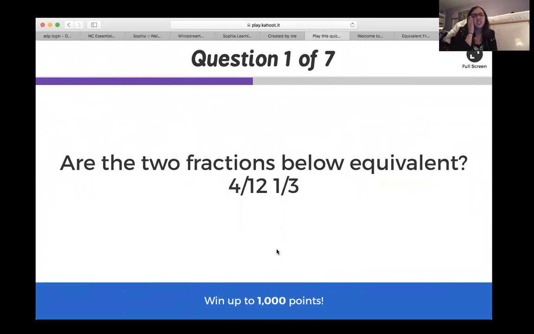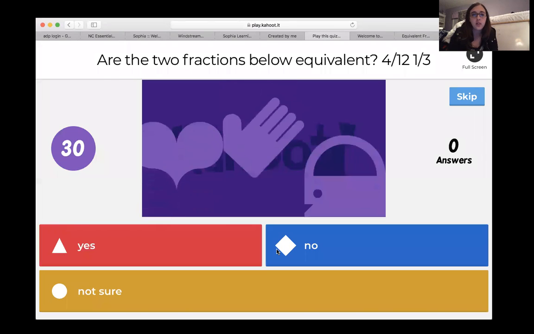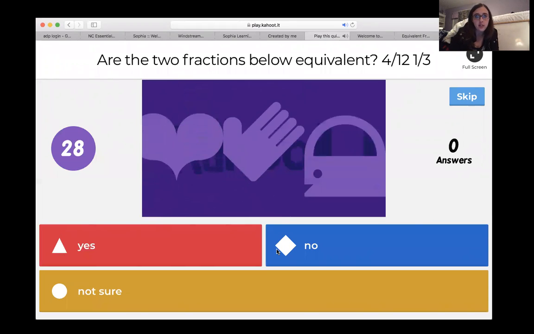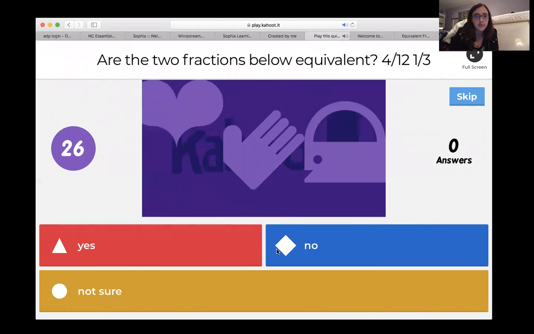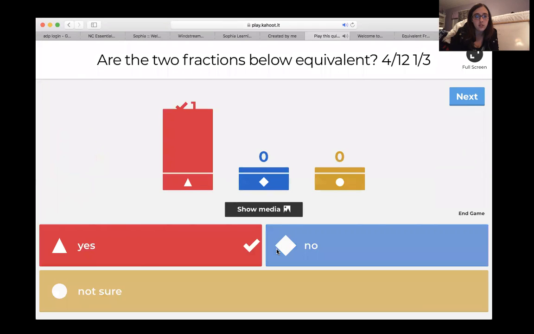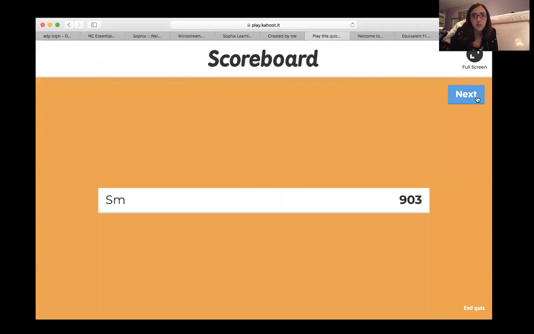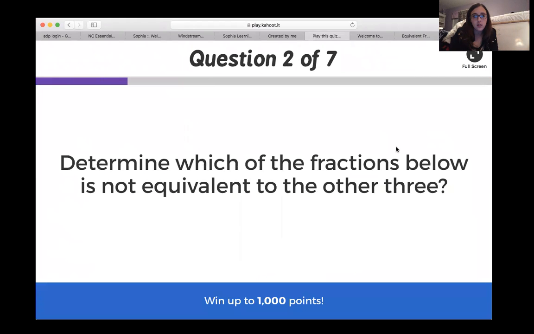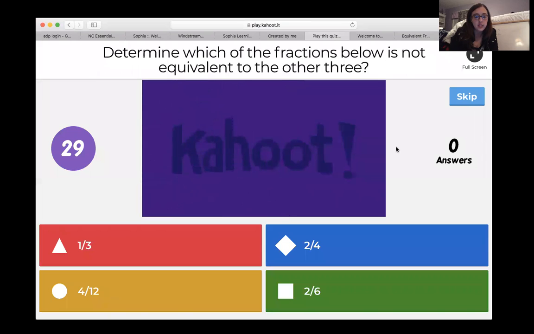Are the two fractions below equivalent? Okay, we have 4/12 and 1/3. Yeah, these are equivalent. Which one is not equivalent to the other 3?